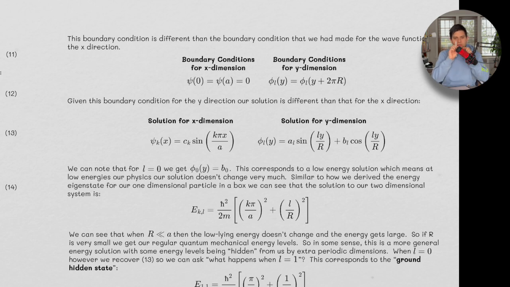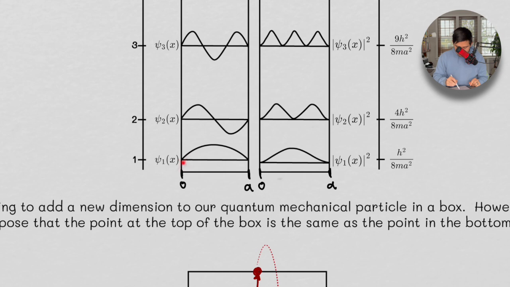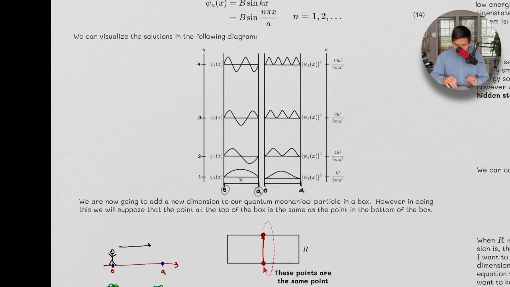So you could say, well, you traveled along X, right? You traveled in this direction. We could say that that's the X direction from 0 to A. And these are all linearly independent, right?